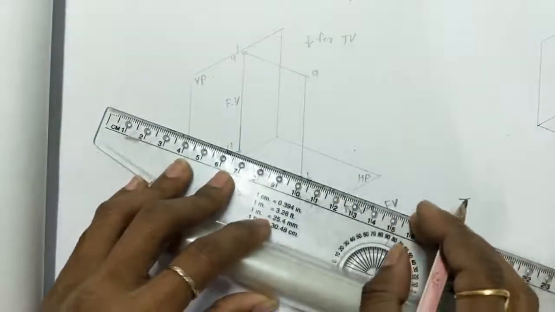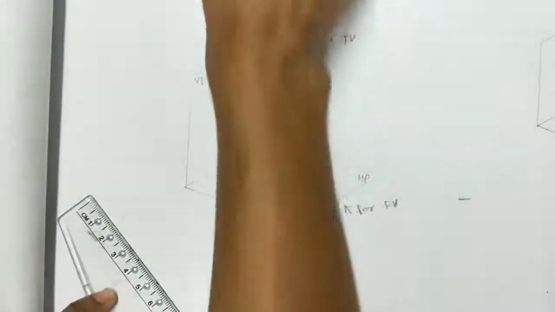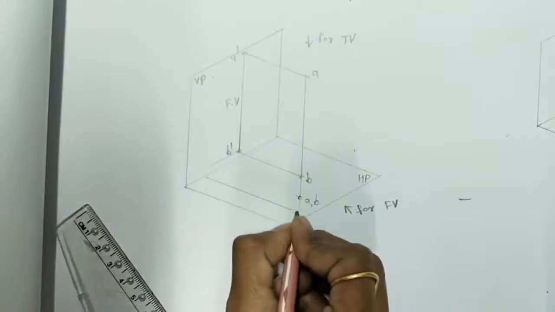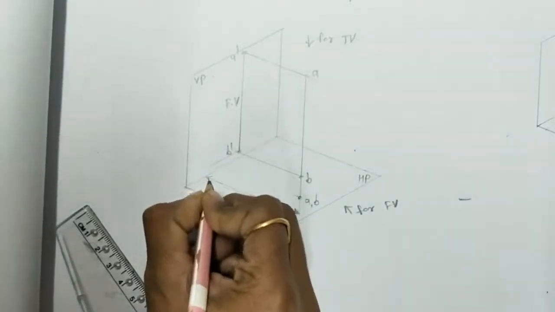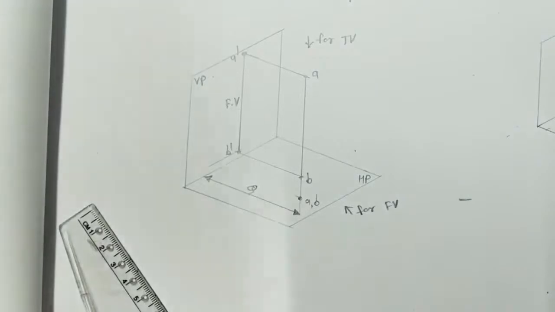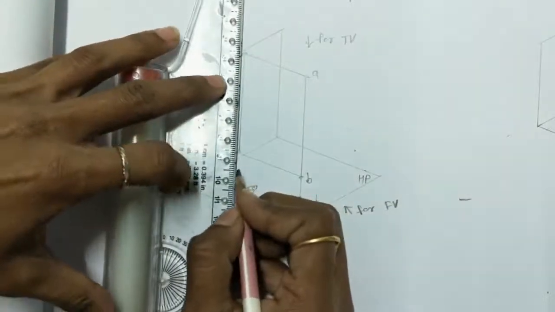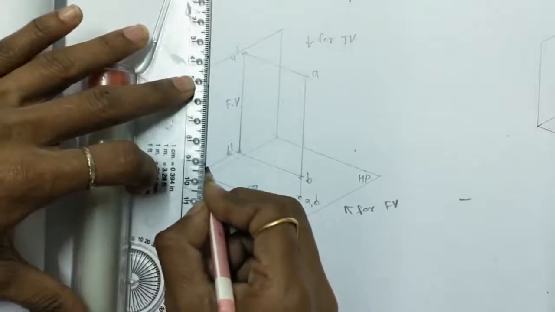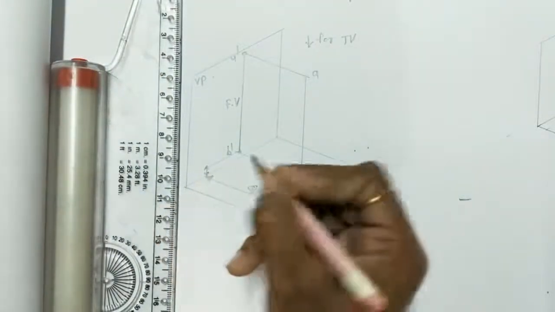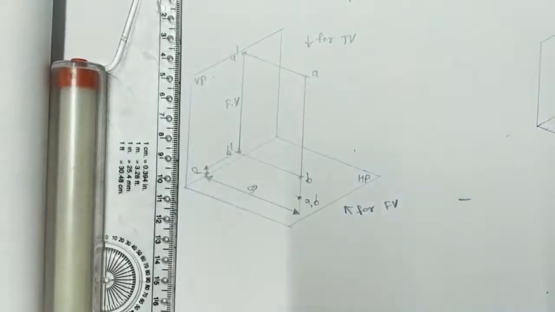Like this, take parallel to line AB, and this distance shows point Q, that is distance in front of VP, and this distance is point P. So P indicates the distance above HP and Q indicates the distance in front of VP.